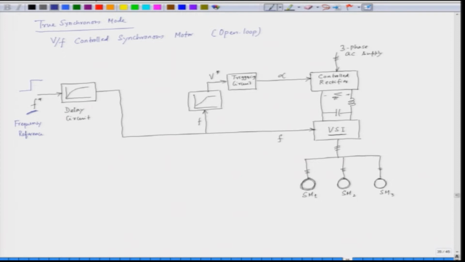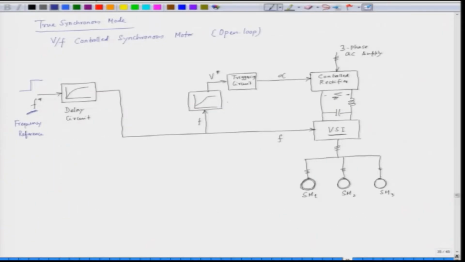As we have in case of an induction motor, the same thing can be applied to the synchronous motor, that we can keep V by F nearly constant up to the base speed. So, this is the V by F function generator, and the output of this is the voltage. In fact, we have a curve where the y axis is the voltage and the x axis is the frequency. So, if we know the frequency, we can find out the voltage.